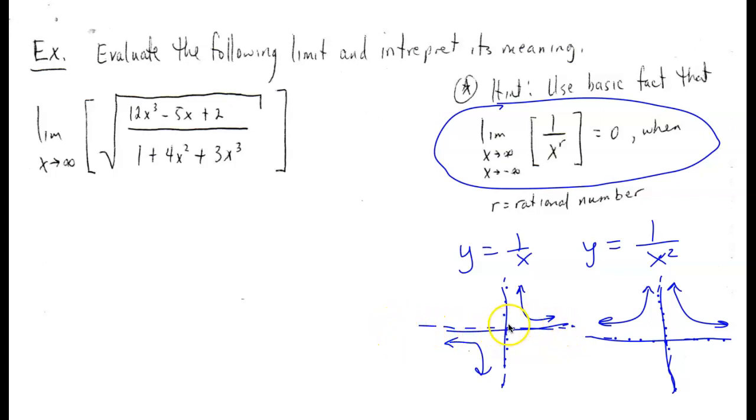And it happens that way for this function, whether we have 1 over x, or in general, 1 over x raised to some odd integer or rational number. We could say it that way. And here also, if we have an even integer or rational number, or really I should say even natural number. So the point that I want to get here is that we know that this is true for these types of functions.